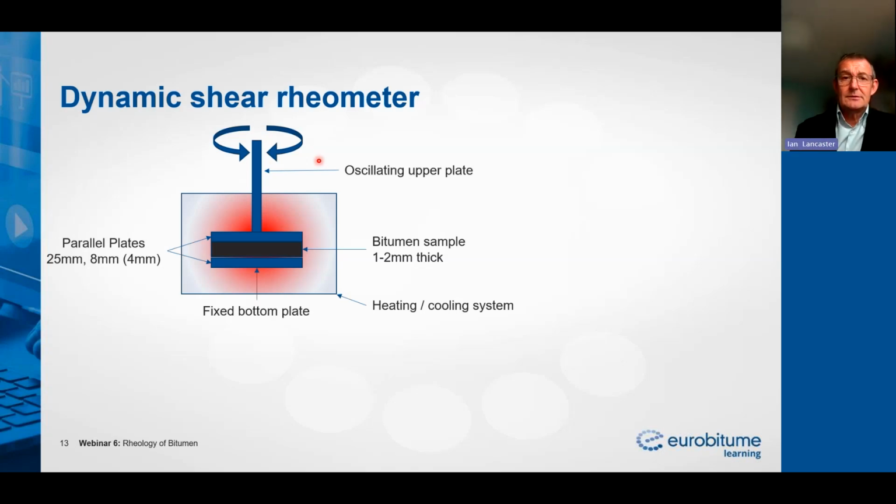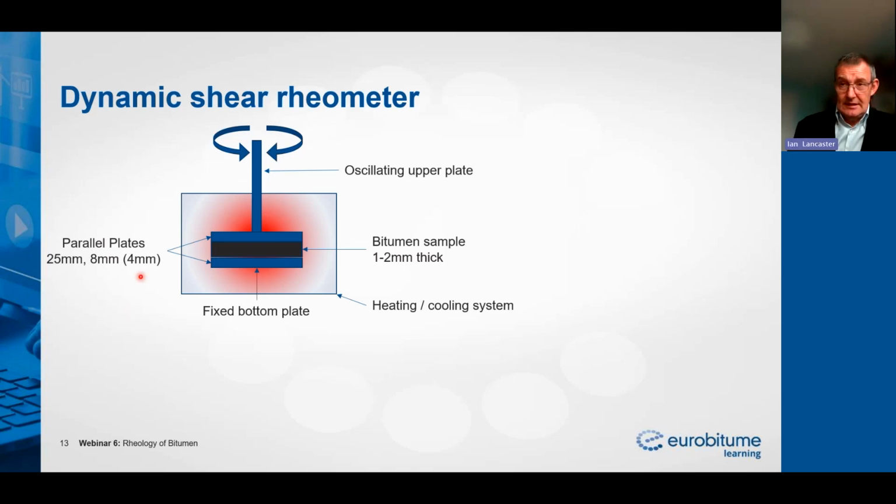What are the variables? Well, depending on the temperature range that we're operating at, our bitumen sample can be 1 or 2 millimeters thick. Our plates can be usually 25 millimeters in diameter or 8 millimeters in diameter, and the top and bottom plates are usually identical.